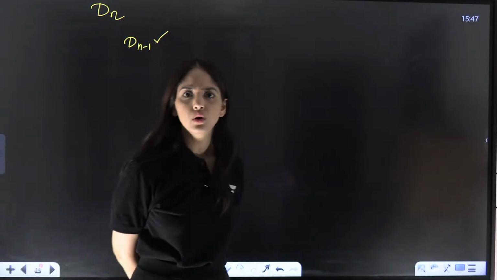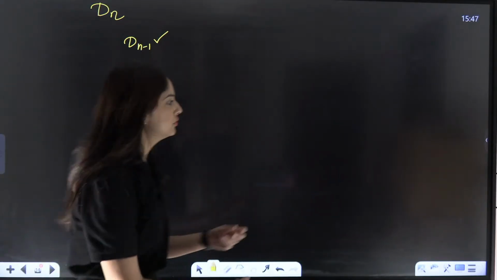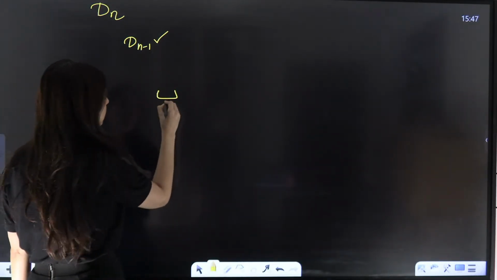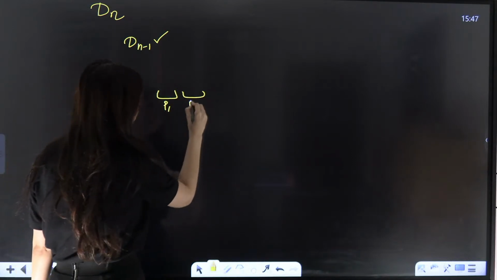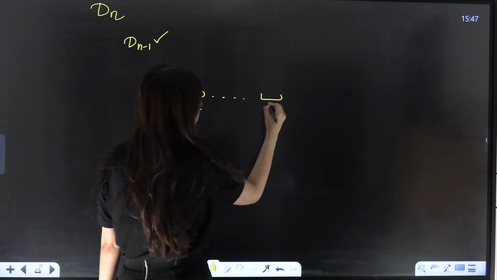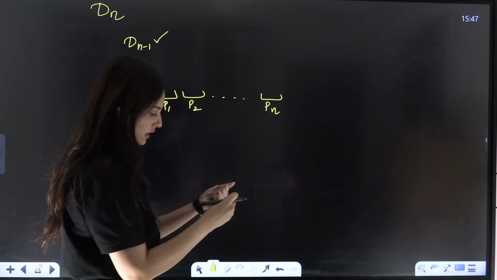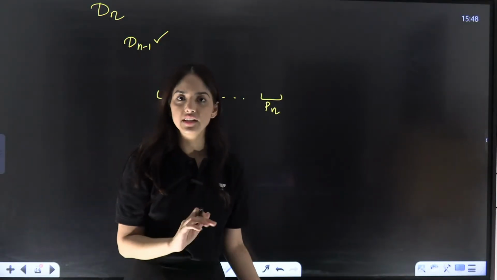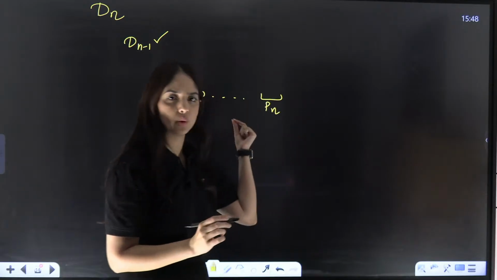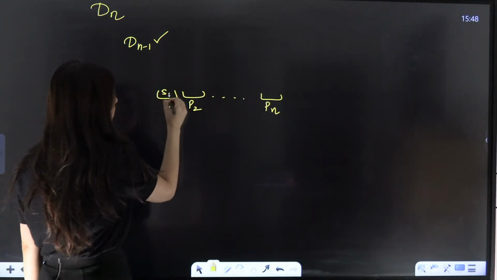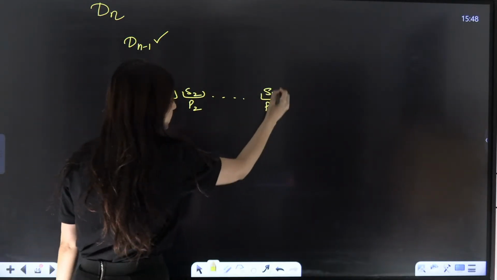Okay, so that means I have P1, P2 up to Pn, and similarly, I have n objects. I have S1, S2 up to Sn.